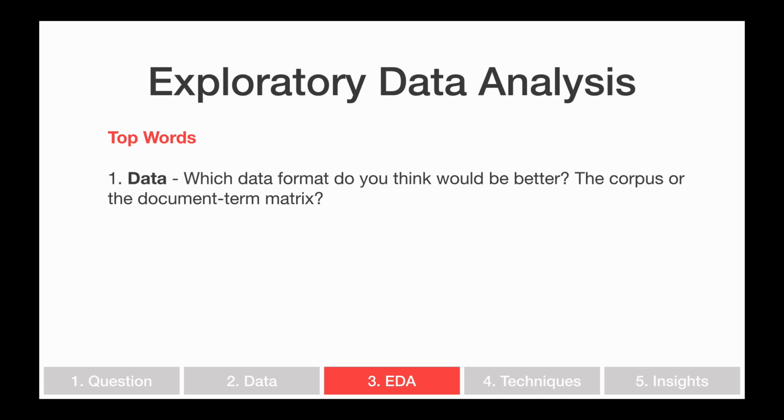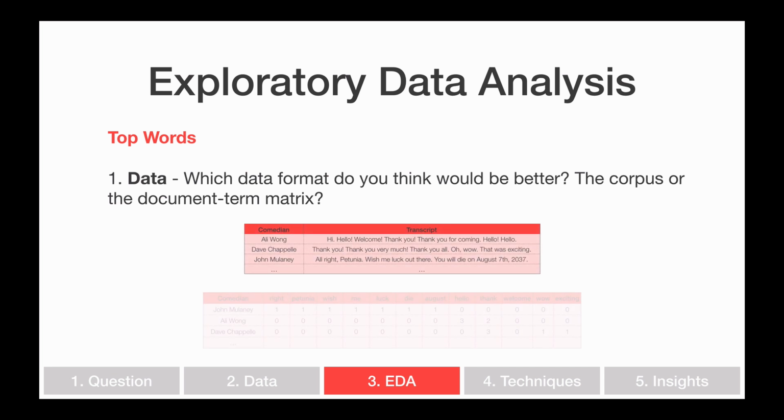The first thing I'm going to do is look into top words. So what are the top words of every comedian? And the first thing I need to figure out is which data format should I be looking at to figure out top words? Should I be looking at a corpus or a document term matrix? So there's my corpus, and there's my document term matrix.